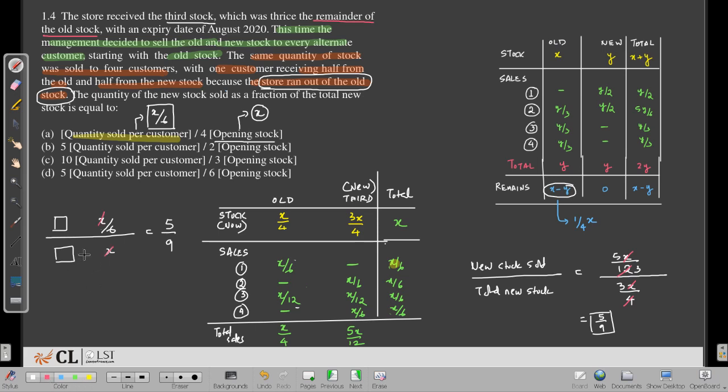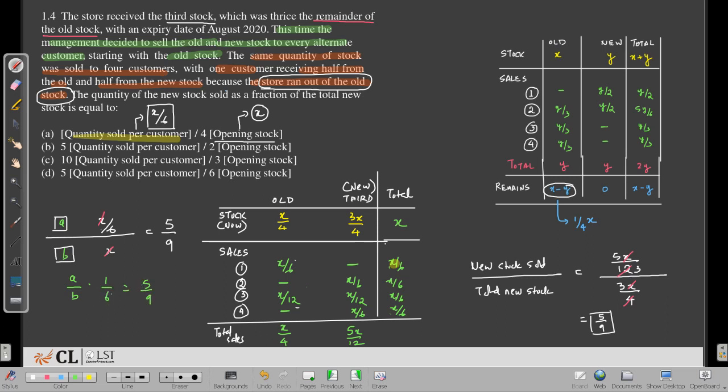The x and x will get cancelled. Whatever the ratio is here, that's the ratio I'm interested in. For the sake of argument, let's call it a and b. So a by b into 1 by 6 will be equal to 5 by 9.